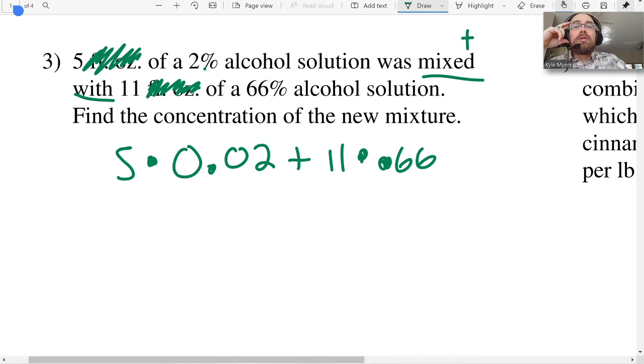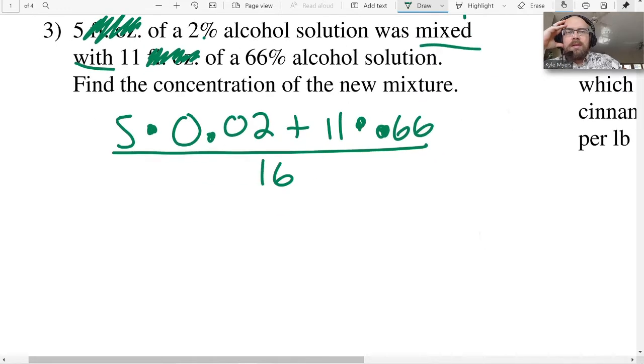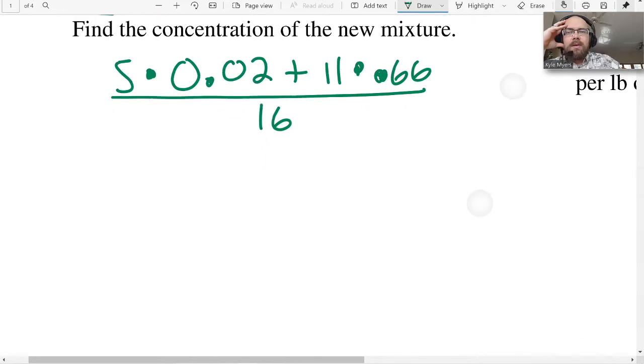Find the concentration of the new mixture. So that's going to be the concentration. They want the amount of that, so we divide it by the total. 5 plus 11 is 16. So that's 16. And I'm going to go down just a little bit here so I have some extra space to work this out.